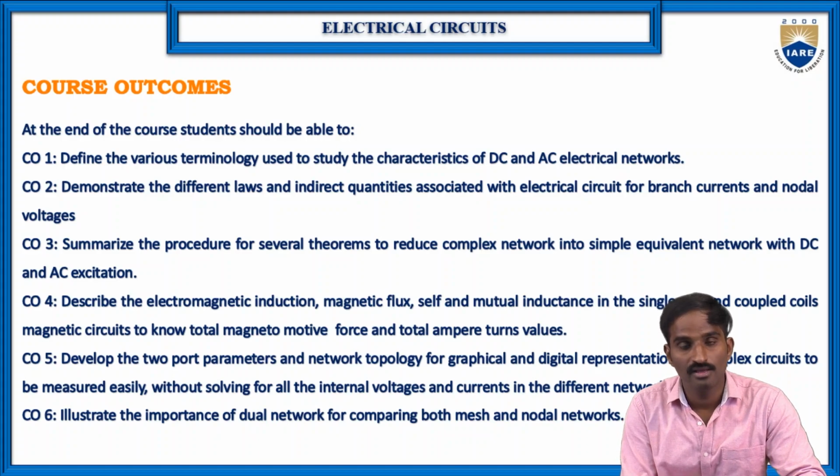The student should be able to summarize because the various network theorems have various procedures. Every network theorem has its own procedure to reduce complex networks into simple equivalent networks with DC as well as AC excitation.